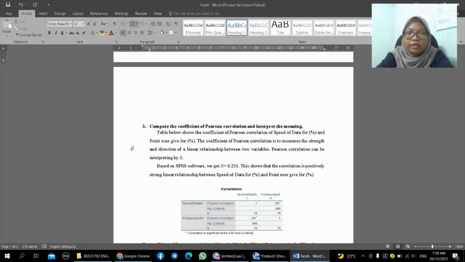Pearson correlation can be interpreted by R. Based on the SPSS software, we get R equal to 0.231, and this shows that there is a positive linear relationship between speed of data and point user give. And that's all from me.